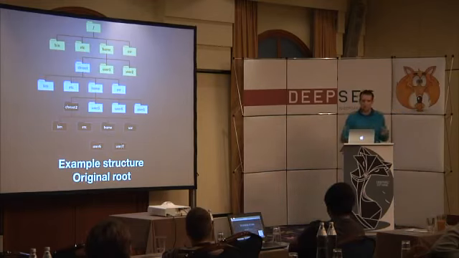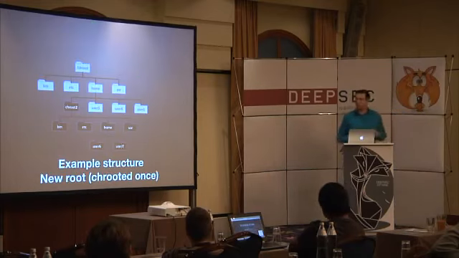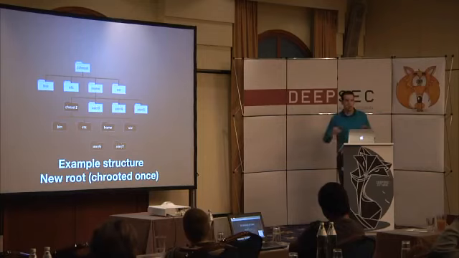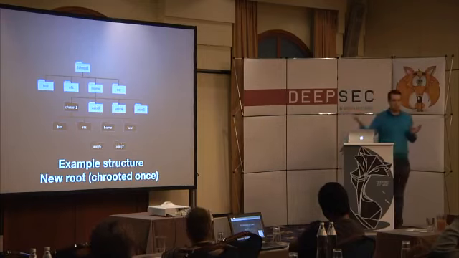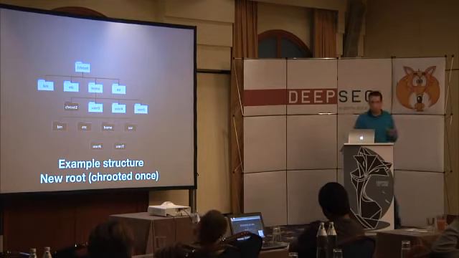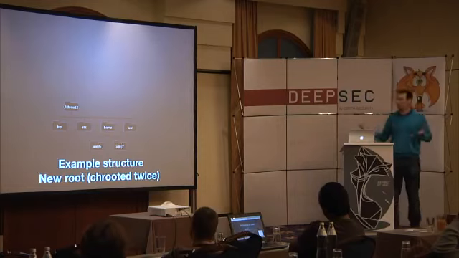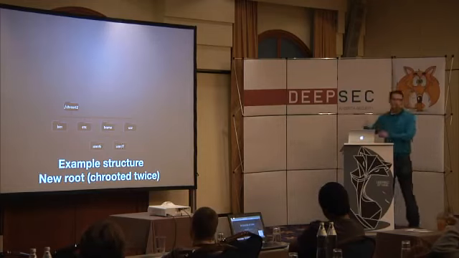So after you change the root here, on Linux, it will forget about the original root. On FreeBSD, it will store a linked list, and the first item of the linked list will be the original root, and the second one is the chroot. If you call the chroot system call again, on Linux, it will remember just the chroot2 directory.